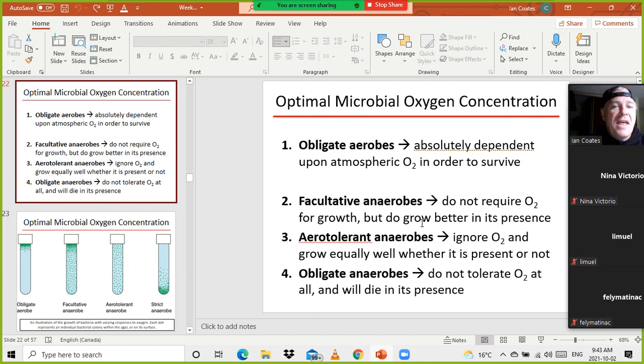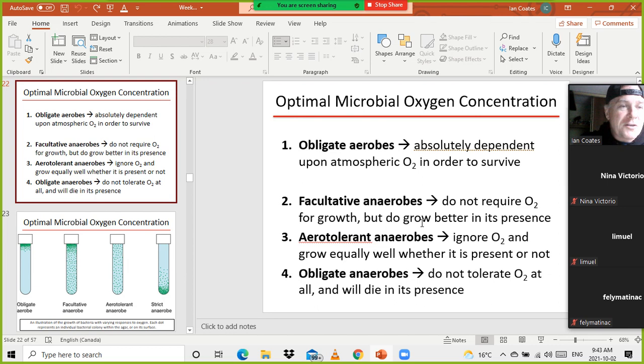Facultative anaerobes. These guys do not require oxygen for growth, but they grow better with it. And that's the thing with these bacteria: over billions of years of evolution, and you think how many more generational lifespans, like they reproduce every 20 minutes, and for us it takes a long time.